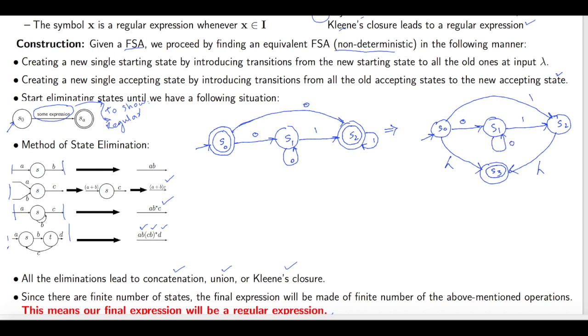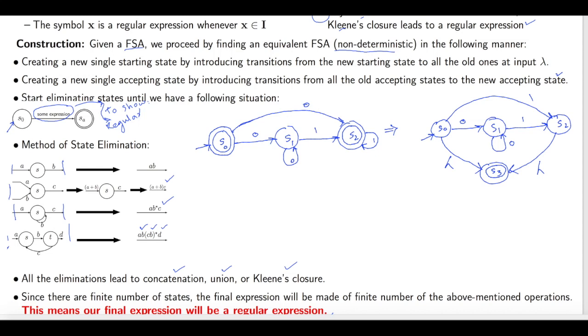Okay, what is the next step? The next step is that I want to remove S1 here. So this is the same situation as this situation. So from S0 to S2 the path is 0, and then a self loop at 0 here, and then we have a 1 here.